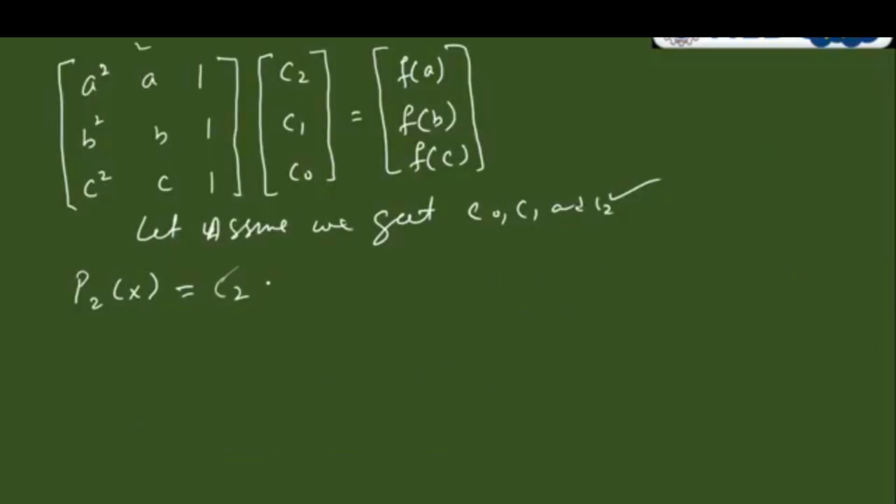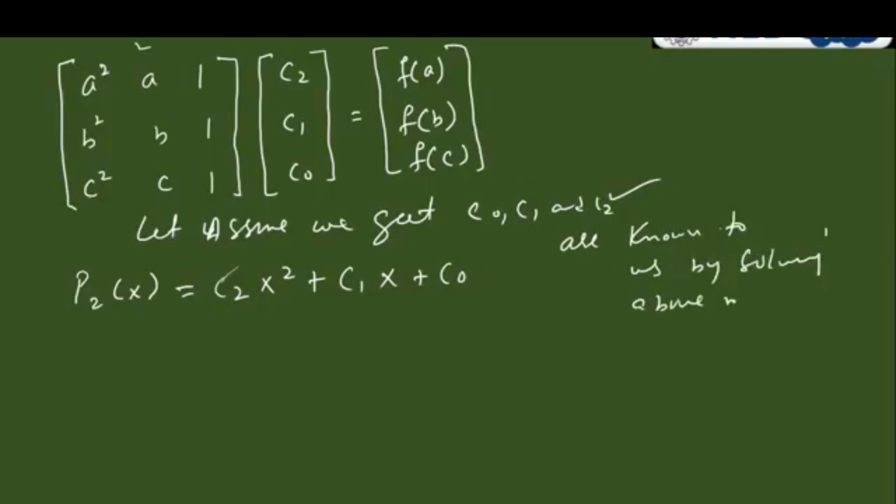C2 x square, C1 x, and C0. Now C2, C1, C0 all are known to us by solving the above matrix.